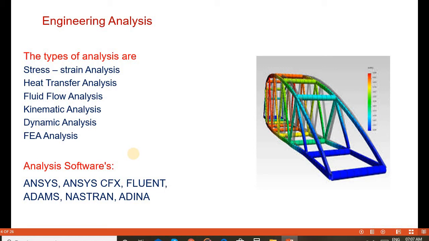And fluid flow analysis, which is computational fluid flow analysis, and kinematic analysis, dynamic analysis, and finite element analysis. All this analysis is based on finite element concepts, the finite element method.